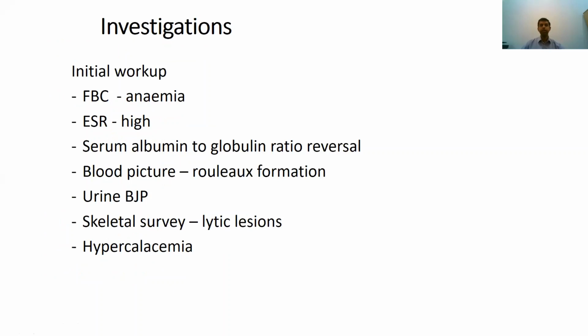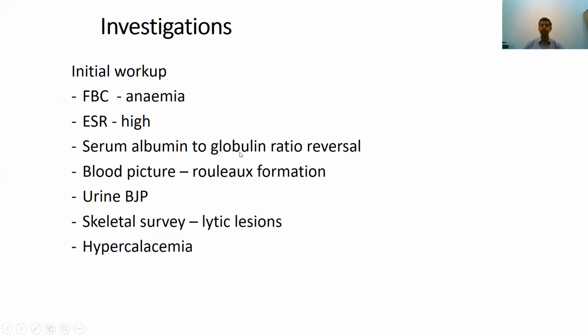In the investigations, the routine workup for any patient suspected of myeloma will include a full blood count, where you look for anemia. You do an ESR, and generally it's very high, most of the time more than 100. If you check serum albumin and globulin levels, your globulin will be significantly higher compared to the albumin, causing a reversal of the albumin to globulin ratio.